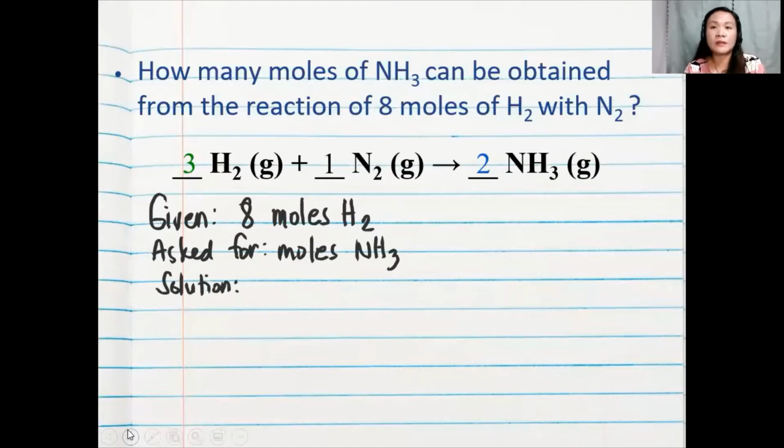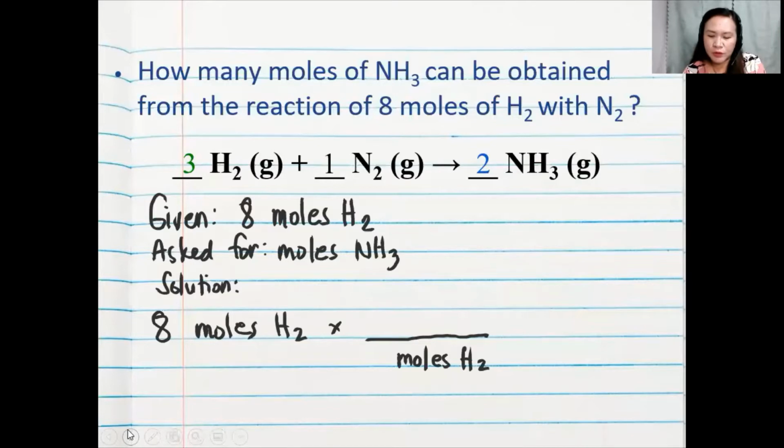Okay, so let's write first what is given, and that's 8 moles of H2. Then, since we want to eliminate H2, we put that here below, moles of H2, and then above we put what we are going to find. So that's the moles of NH3.